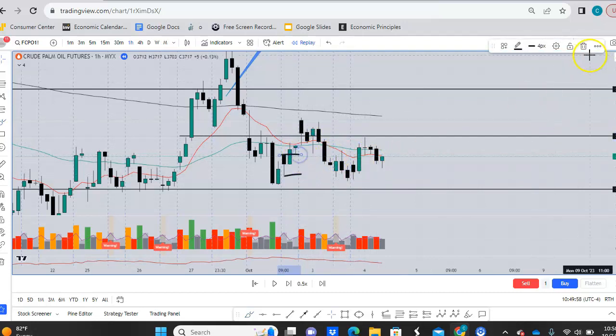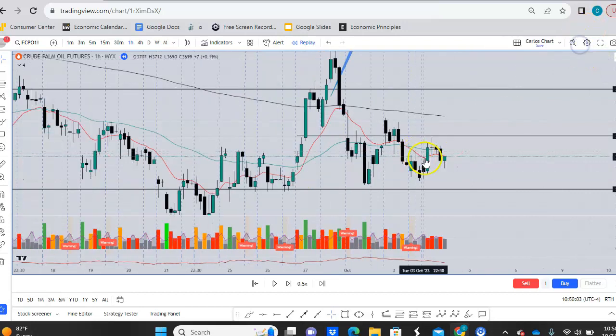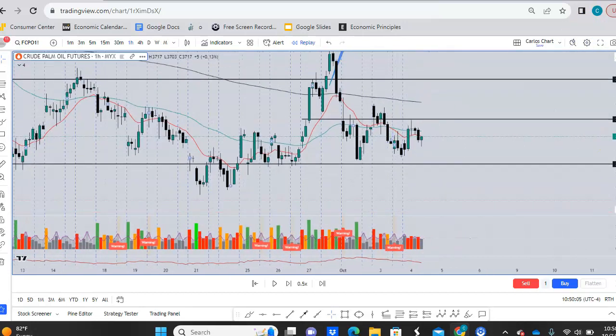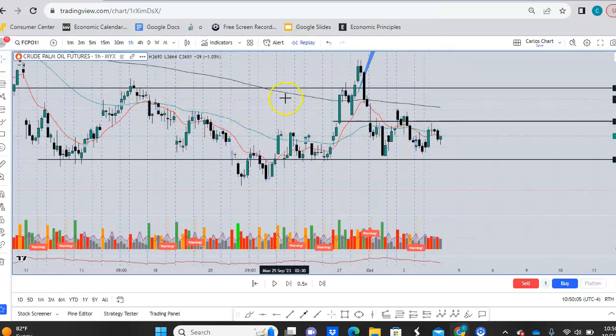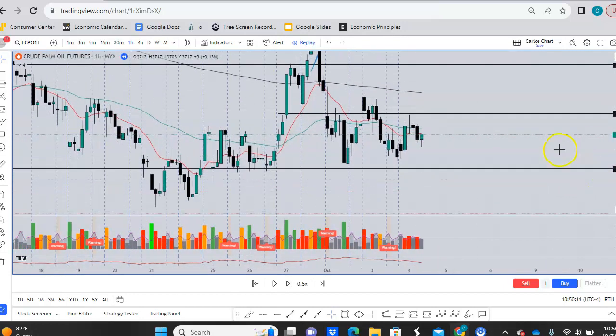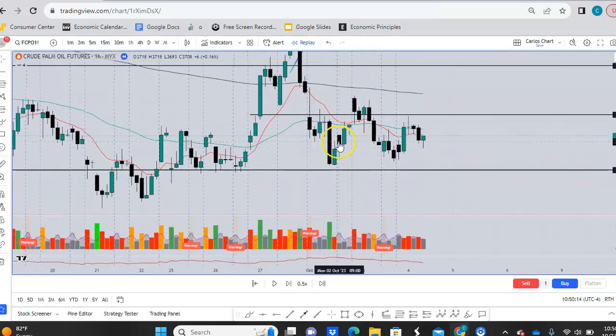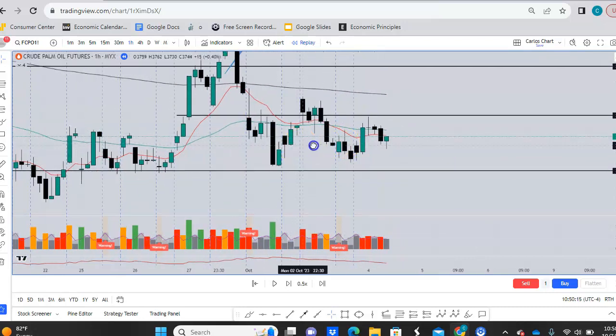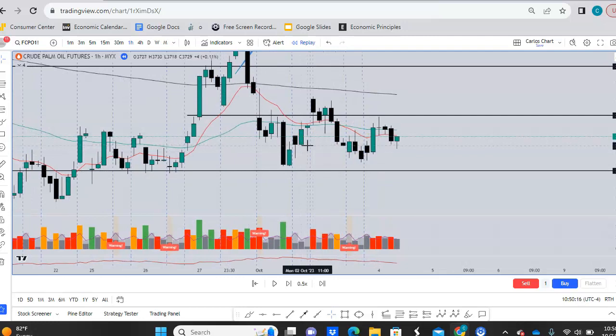For us to have a refresh is to restart a trend, and here we don't have a trend. We actually have a range. So the way we go about this is not treating this like a refresh.